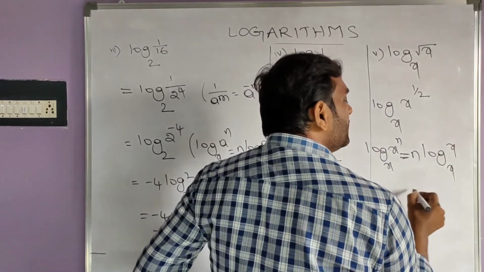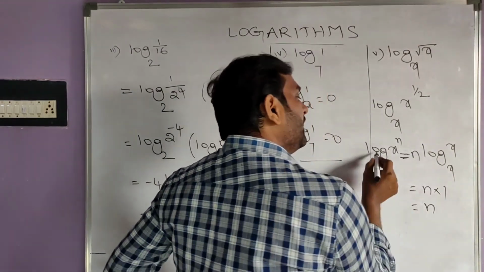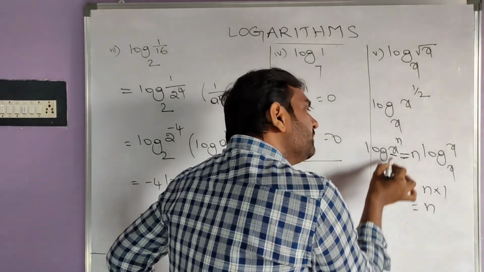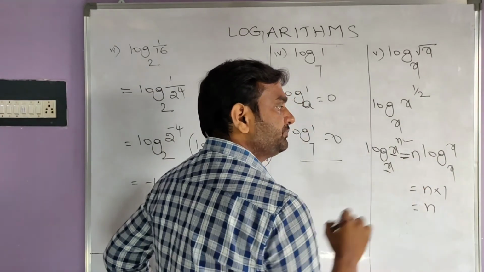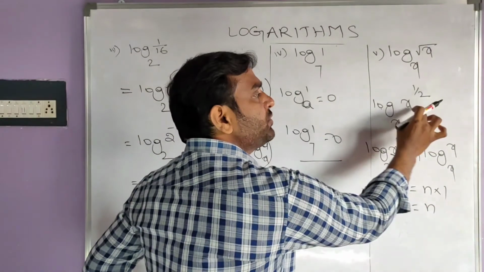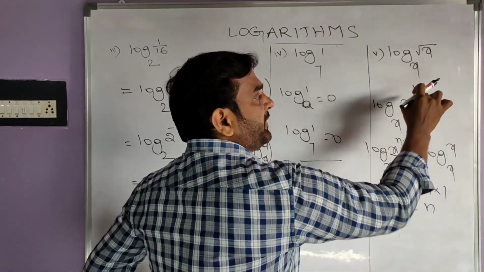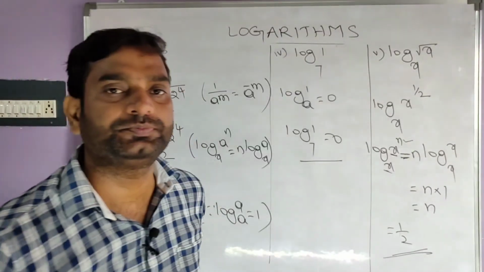If these two are equal, that value is 1. Here log value and base value both are equal, then you can directly write the value n. In this case also, log x to the power of 1 by 2 base x, these two are equal. Then what is the value of this total logarithm? 1 by 2. So total you can write 1 by 2.